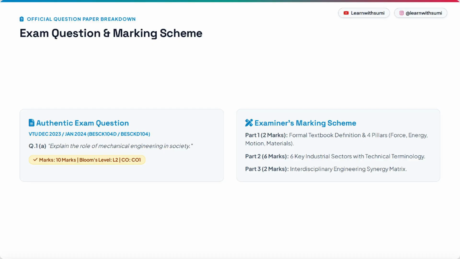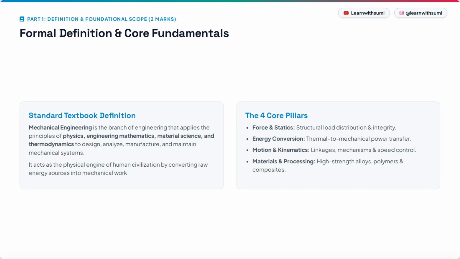Part 2, 6 marks, covering at least 5 to 6 distinct industrial sectors with specific technical terms. And part 3, 2 marks, the mechatronics and circuit interface table. So if you write this in 3 neat sections, the examiner can clearly check off all 10 marks without cutting anything. Now, we have the definition and the 4 core pillars.